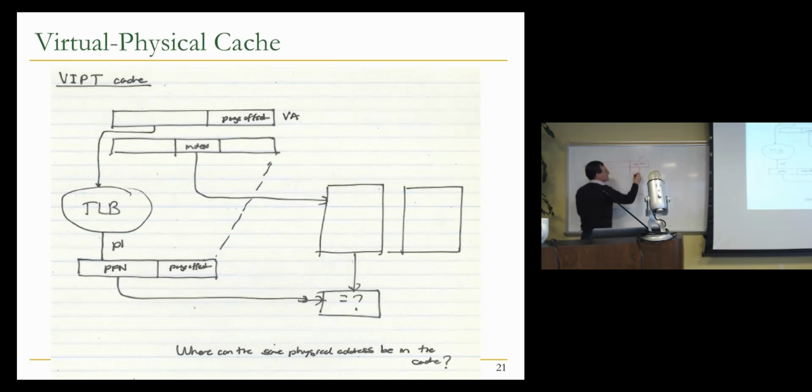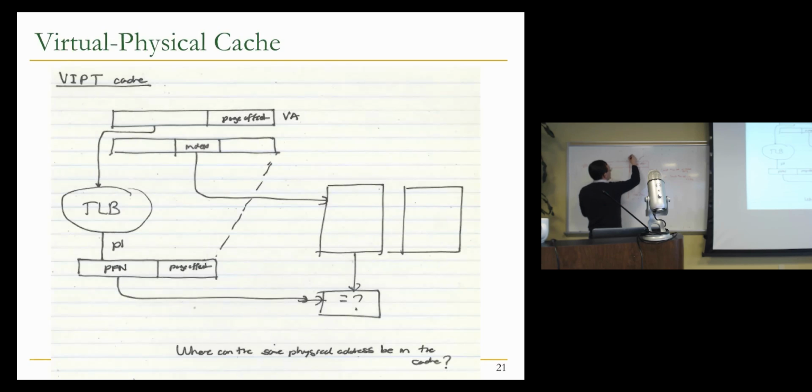Small index range means the number of sets is limited. Basically, limit the number of index bits, i.e. limit the number of sets in the cache. So let's do some calculations here.